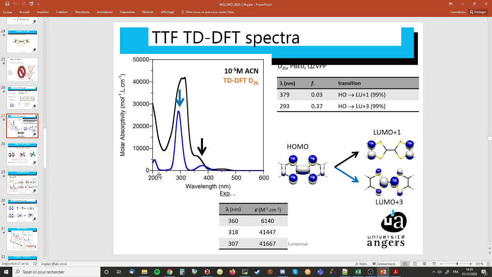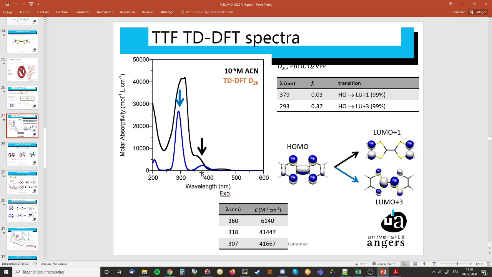thermal effect and Doppler effect and all the effects that exist in the solution when physically you're measuring your spectra, because to have only one energy for one transition, that means that you are in a dilute gas phase without any mobility of the molecules.